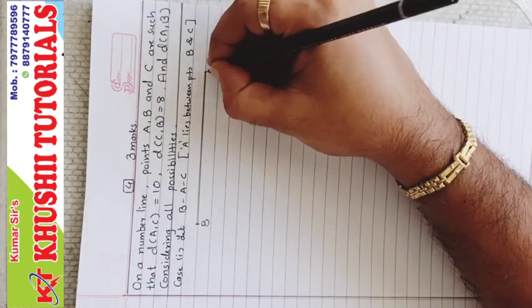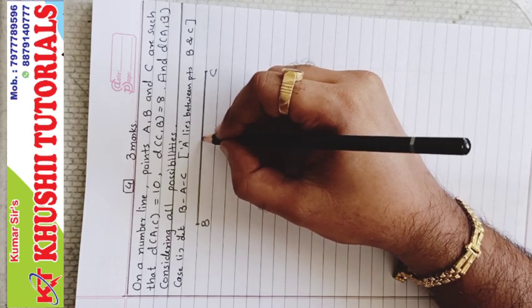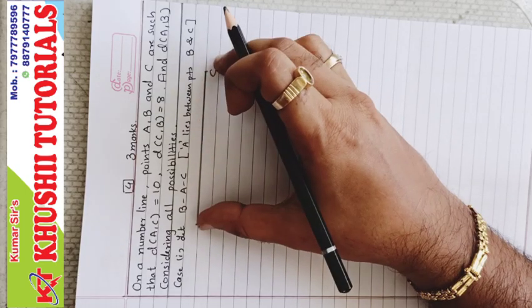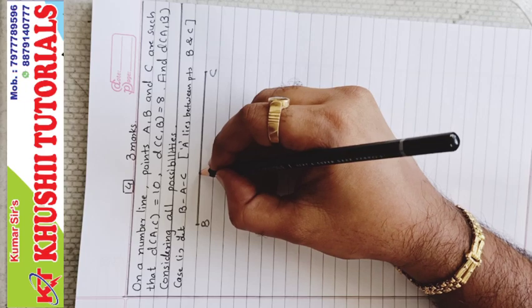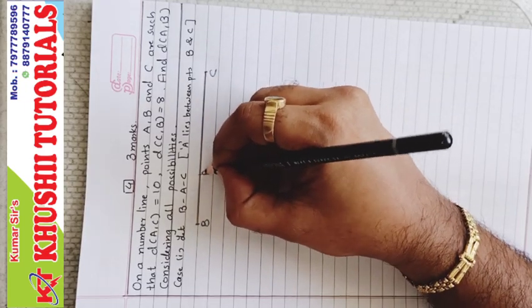B and C are the endpoints. A you can take, see most of the students take A as a center. A is not a midpoint of BC, it is not mentioned it is midpoint, so you have to take either here or on that side. So I'm taking it here, A.